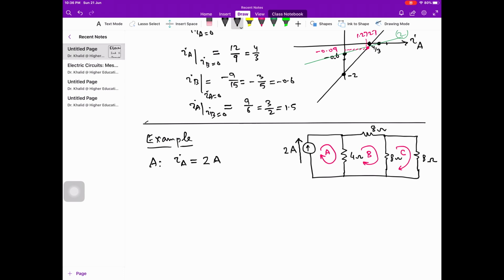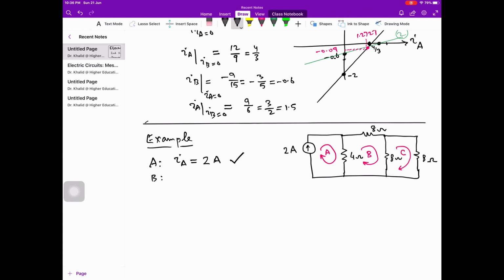This is very simple. If you recall, if a voltage source appears between a node and the ground node, there is no need to write an equation for the node voltage, because the node voltage is given directly by the voltage source. So it is a dual situation in mesh current analysis. We know IA due to the current source.